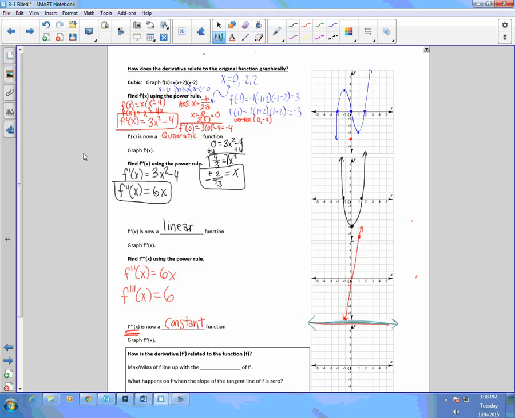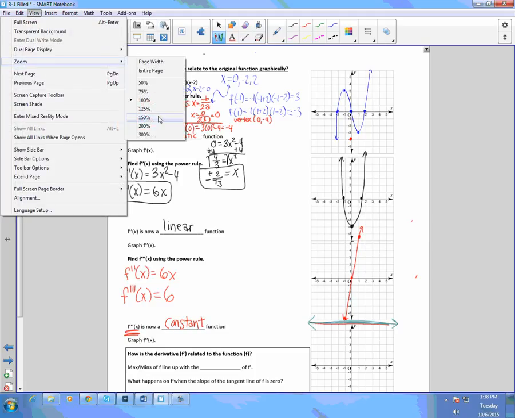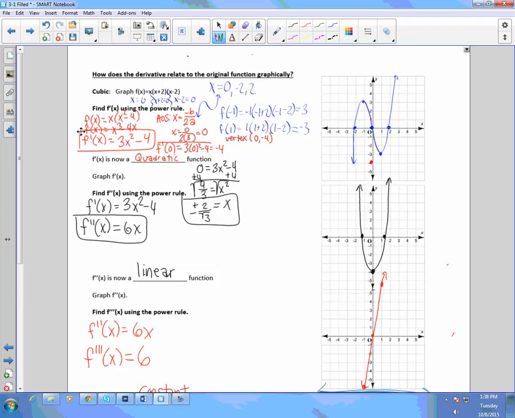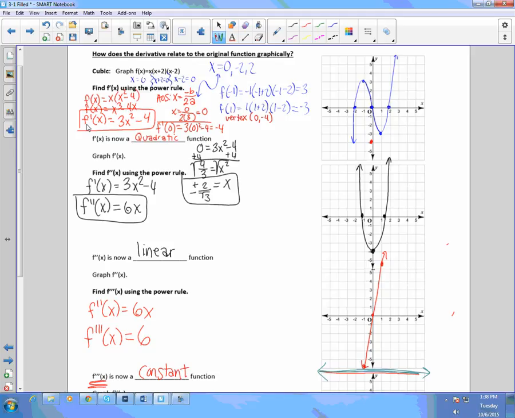Okay, we just won't see the bottom one for right now. We might be looking at what happens from plate to plate.